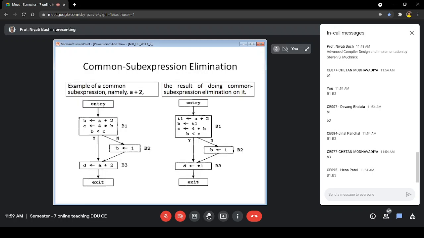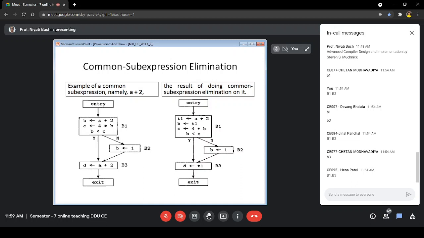So going back over here, instead of writing a plus 2 that is being assigned to B, we are using T1, our temporary which we have added, and assigning that to B. This is what we do locally once an available expression is encountered.